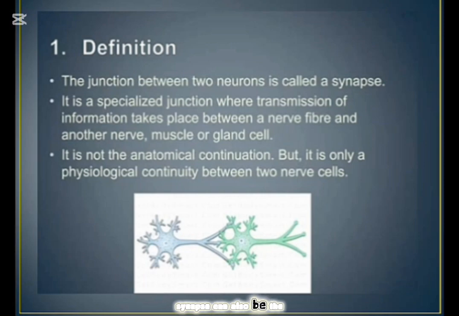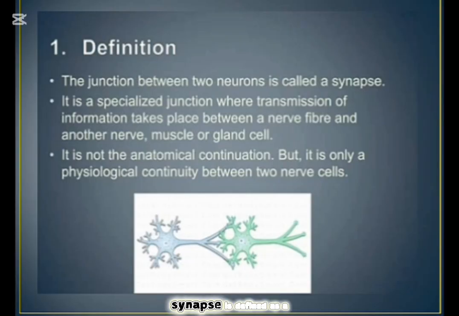Synapse can also be the junction between a neuron and a muscle fiber or a gland. Alright?